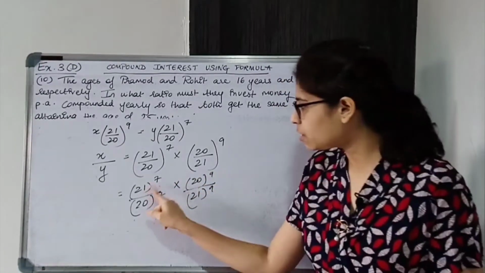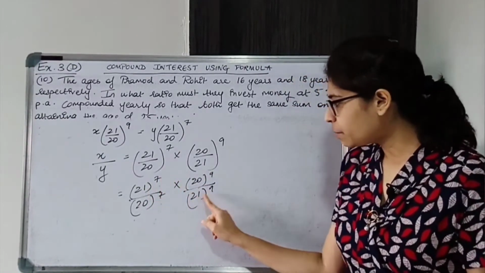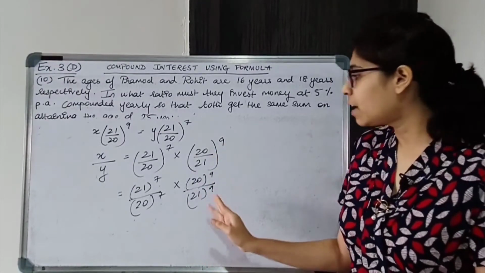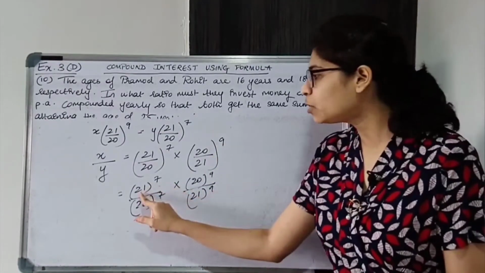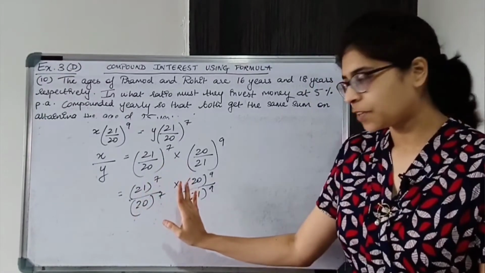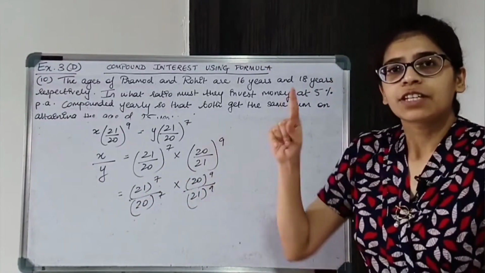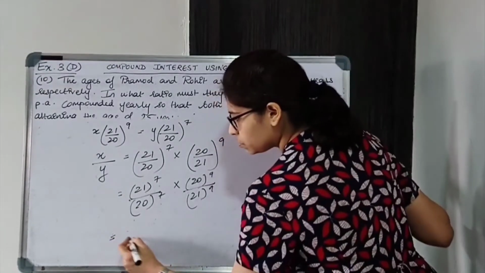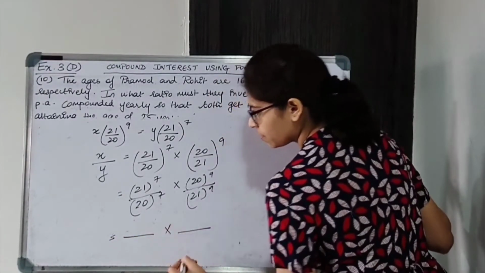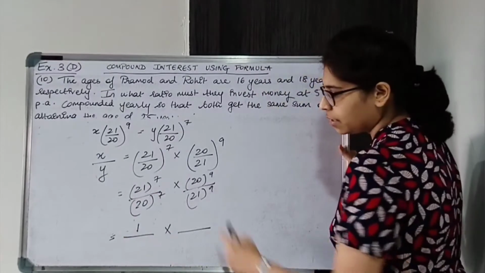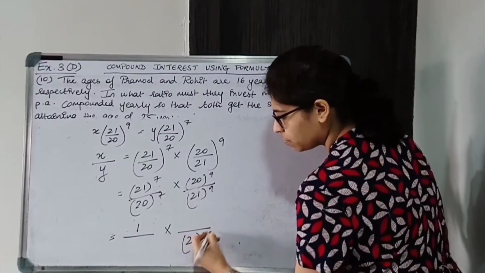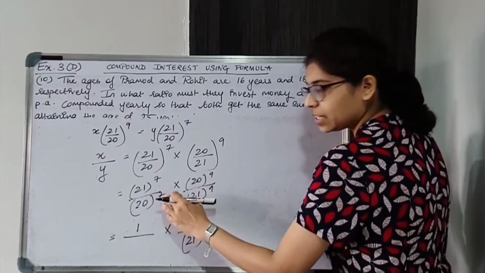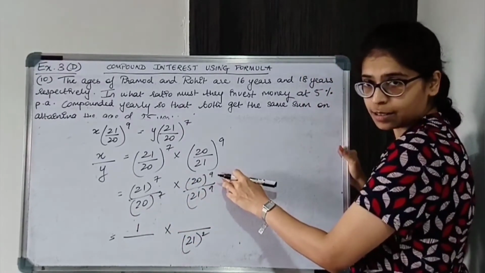Now there is 21 raised to 7 divided by 21 raised to 9. So 7 21s will get cancelled, and how many 21 will remain? Here nothing will remain, 1 will remain. Okay, and here 21 raised to 2, 2 21s will remain. So here we'll get 1, and here 21 raised to 2. 20s, 20 raised to 7 and 20 raised to 9.